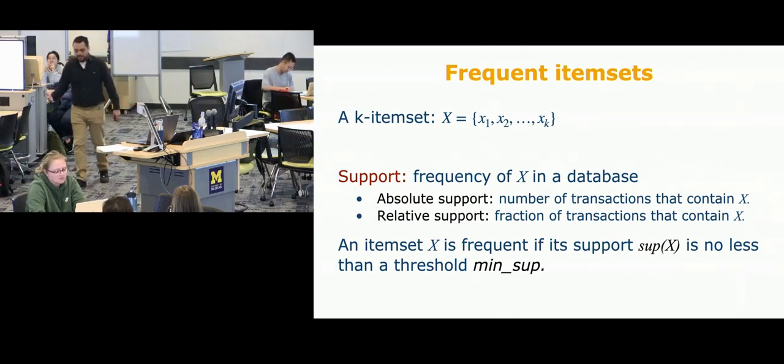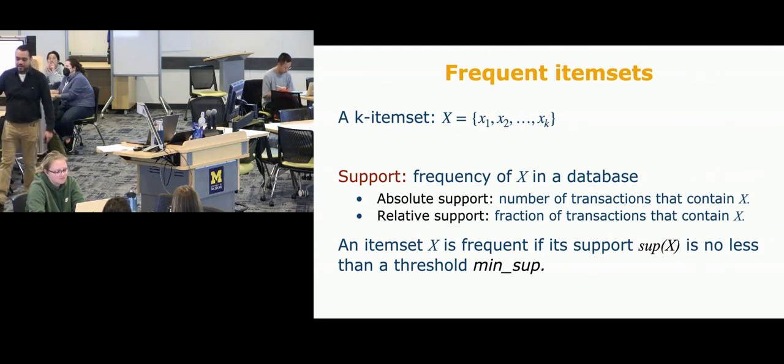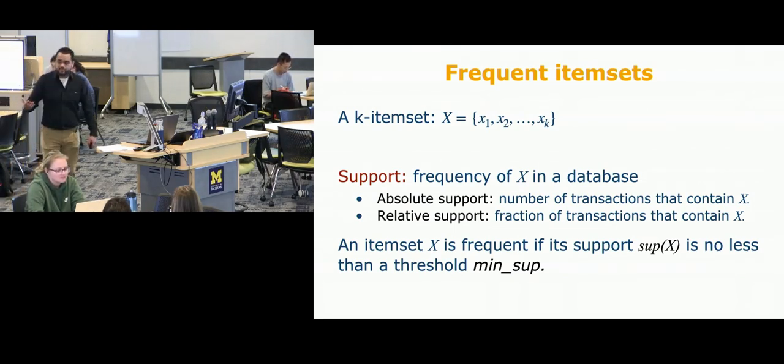As a data miner, it's a user-tunable parameter that you would define, the threshold an item set must meet in order to be frequent. And you could use domain expertise for that.